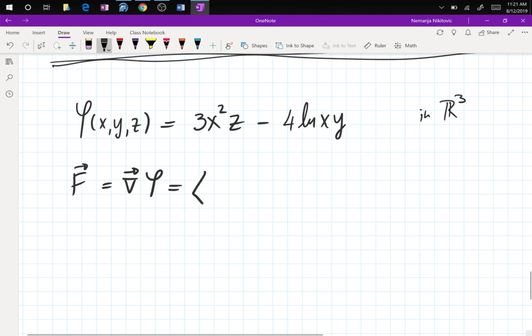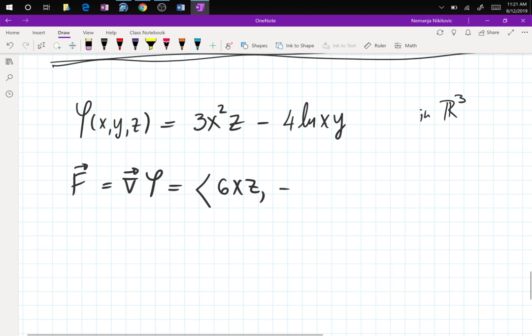And that's just simply, just get the three partial derivatives, plug them in, and you're done. So partial derivative with respect to x is going to be 6xz. Partial derivative with respect to y, first term dies. Second term is going to be negative 4, and then in terms of y, so that should be xy, so 1 over x.